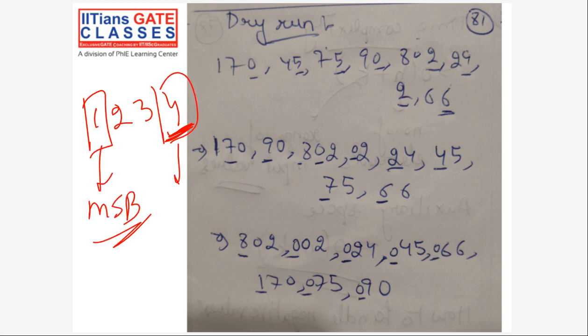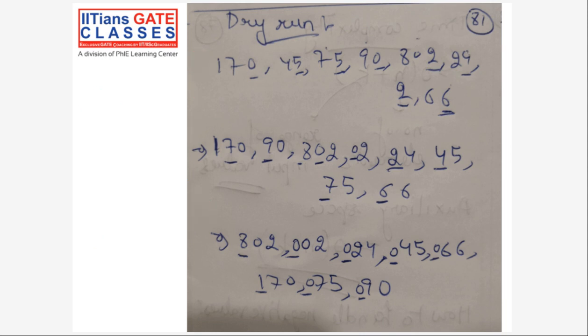At the beginning you consider the least significant digit and try to apply counting sort on that, or just try to arrange that in increasing order. So if you see, after my first iteration, this is the value. So 0 over here, 0, and then 2 and 2 and so on.